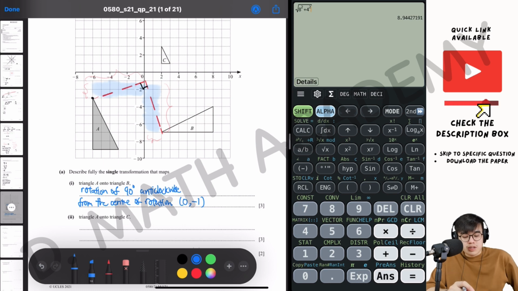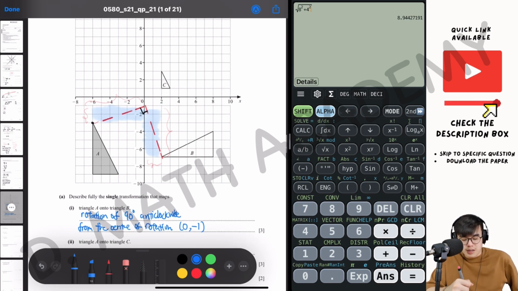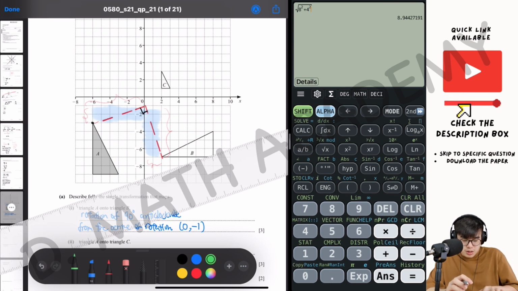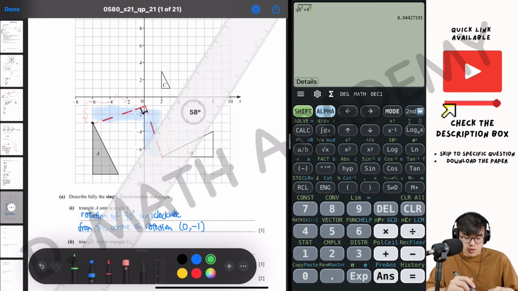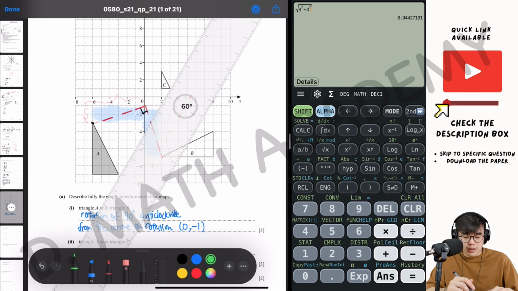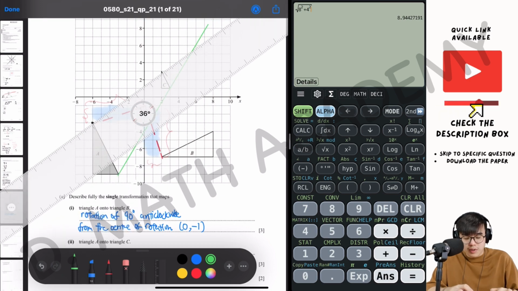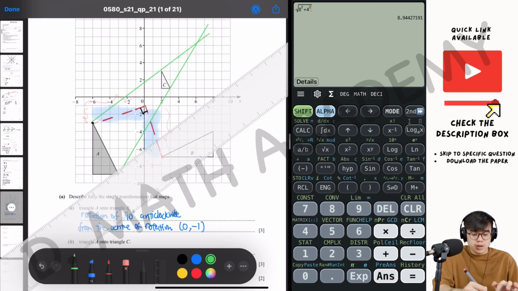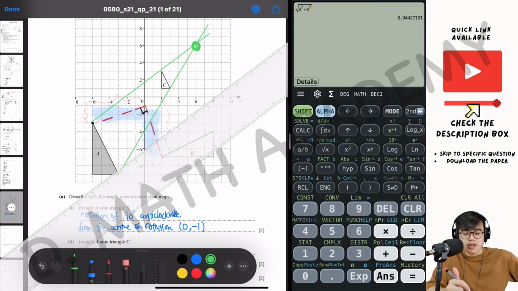As for A to C, however, that's clearly a shrinking. We call this an enlargement regardless of whether it was enlarged or shrunken. So this here will actually be the center of enlargement.